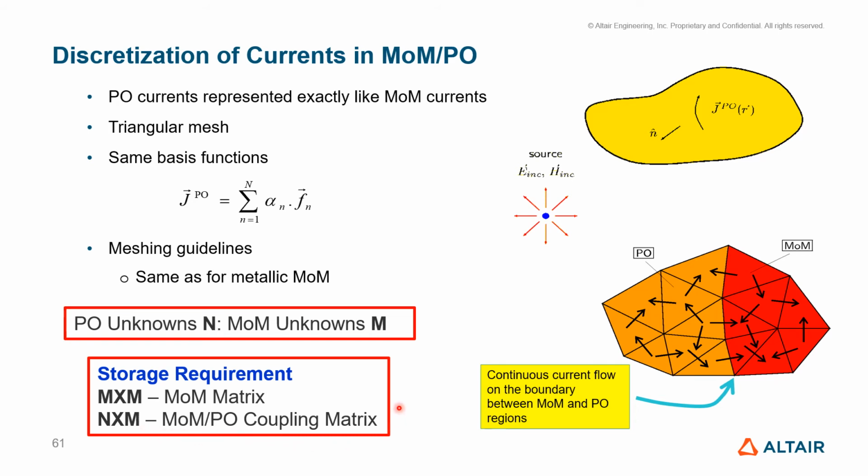So typically we advise that you keep the method of moments size as small as possible, so that n by m won't take over your computing resources, because n is going to be large for an electrically large structure.